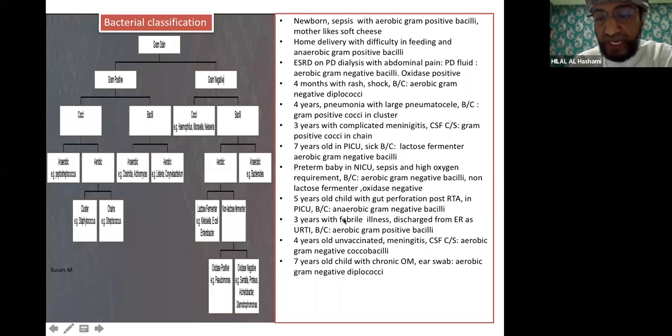A 5-year-old child with gut perforation post RTA in the PICU, the blood culture grew anaerobic gram-negative bacilli, and here it takes you to Bacteroides. A 4-year-old unvaccinated child with meningitis, CSF grew aerobic gram-negative coccobacilli, and here it takes you to Haemophilus influenzae. The last scenario is a 7-year-old child with chronic otitis media, ear swab grew aerobic gram-negative diplococci, and this is Moraxella catarrhalis.